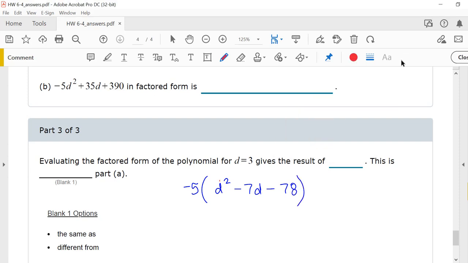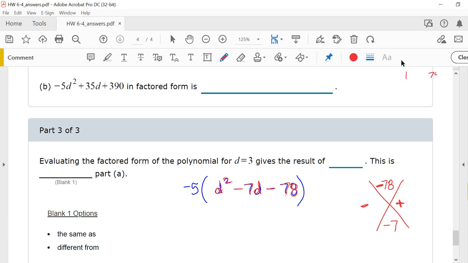Okay, can I factor d squared minus 7d minus 78? Up top, the number is negative 78. On the bottom, the number is negative 7. Because the top number is negative, the signs are going to be opposite.